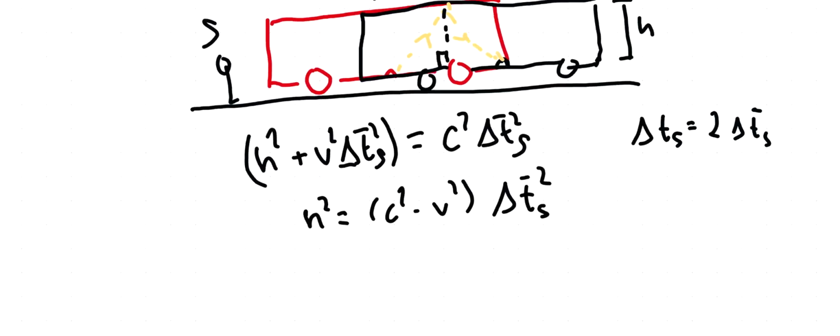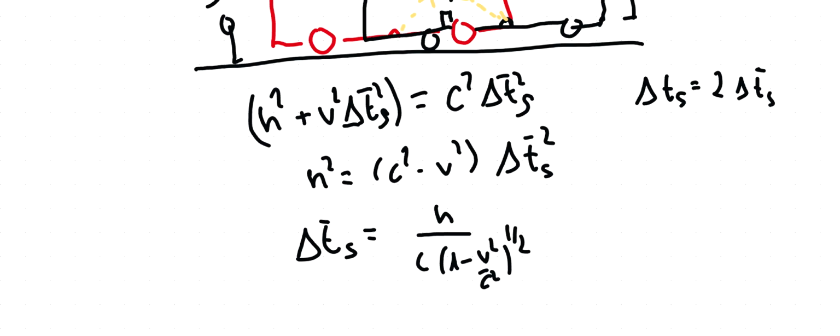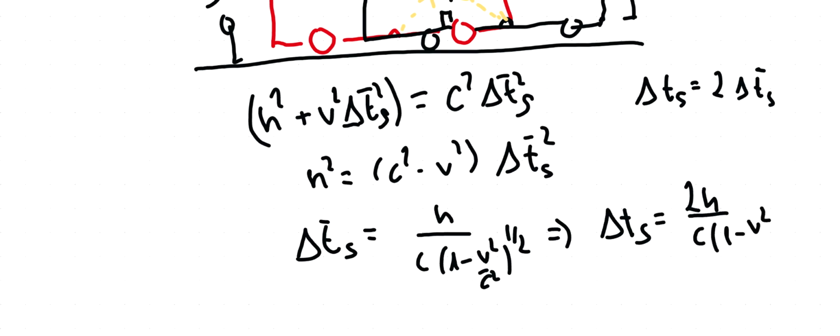Now we can say that our delta t s bar is equal to h over c times the square root of 1 minus v squared over c squared. All I did was a little bit of algebra, a little bit of rearrangement. We see that delta t s is equal to twice h over c, times 1 minus v squared over c squared to the power 1/2.